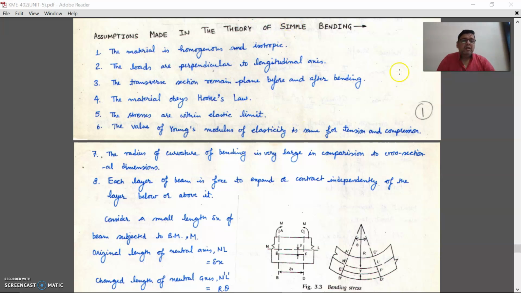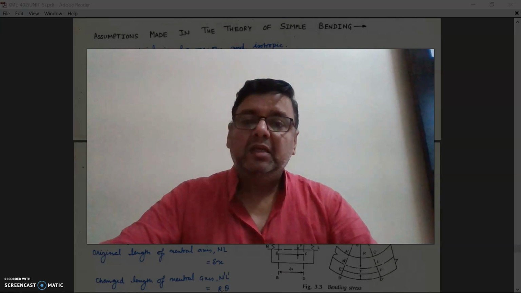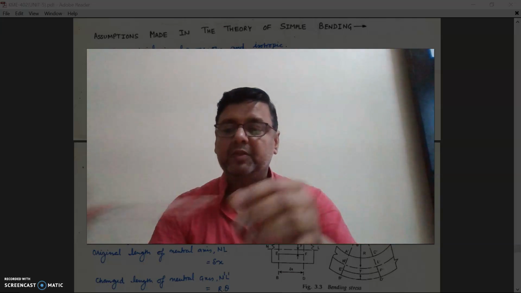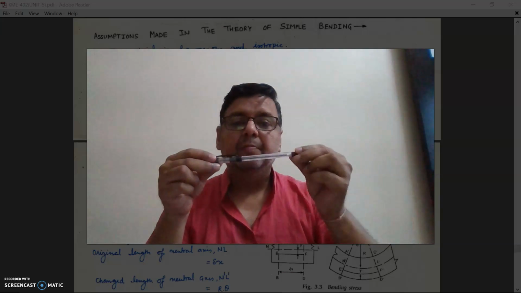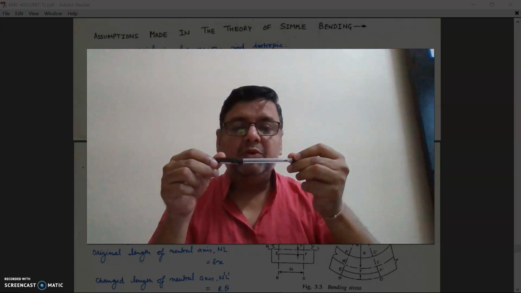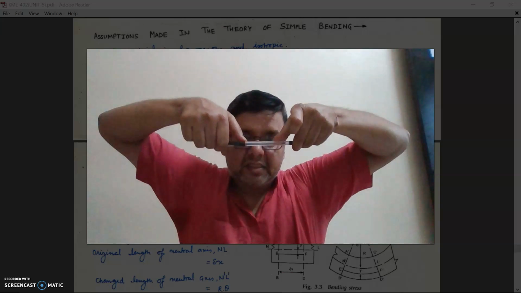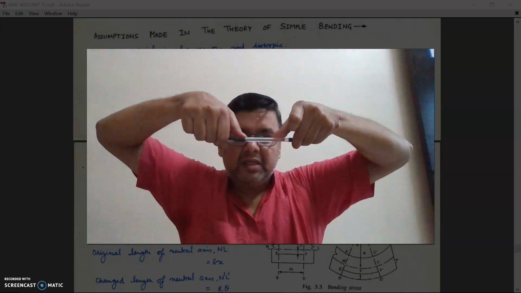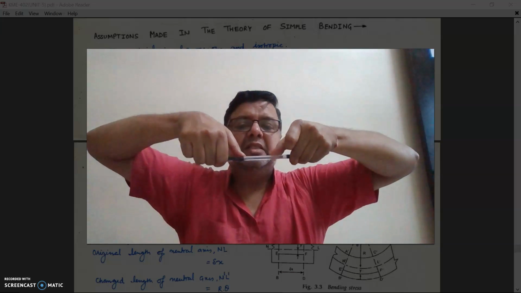Now, what this derivation is, see, let us say this is my beam, right? And if I apply bending moment to this beam like this, it is called a sagging bending moment, sagging.